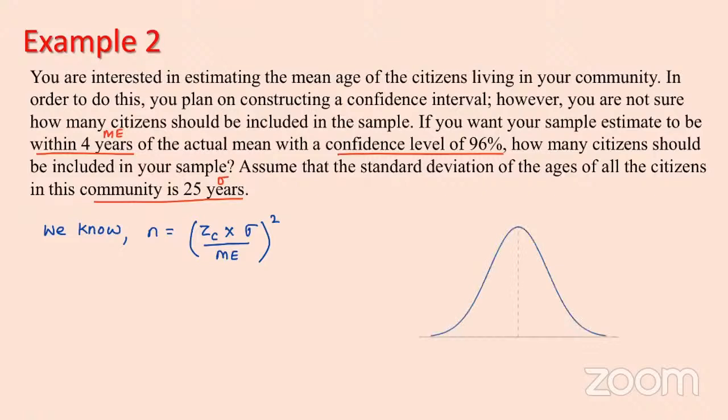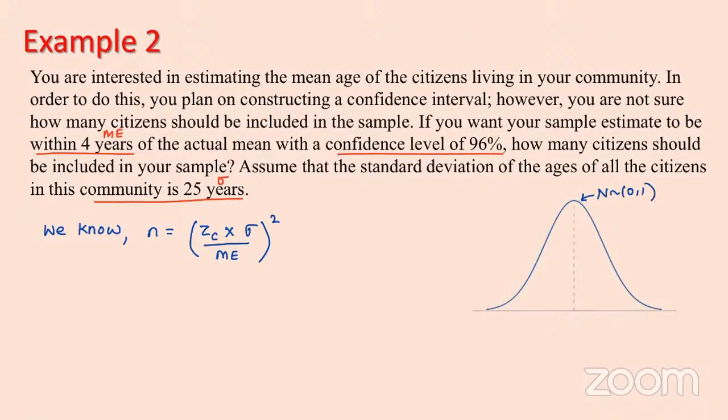Draw the image. So this is the standard normal distribution, mean 0, standard deviation 1, Z along the x-axis, 0 there. And this one is 96% confidence level. So 96% area will be in the middle. So let's draw that 96% area in the middle, 0.96.